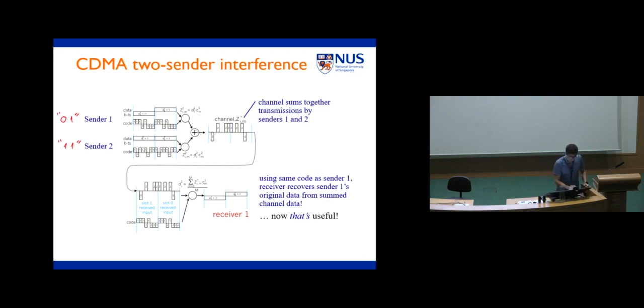And again, they first encode the zeros as -1s, so that's why I have a -1 here, and 1 is encoded as 1. And we are assigning a different chipping sequence to each of them. For the first sender, my chipping sequence is 1, 1, 1, -1, 1, -1, -1, -1. So that is this code here. And for the second one, I have a different orthogonal code.